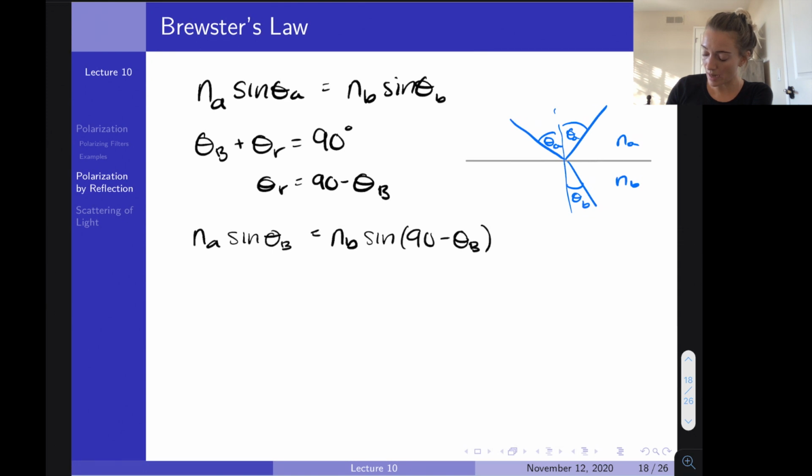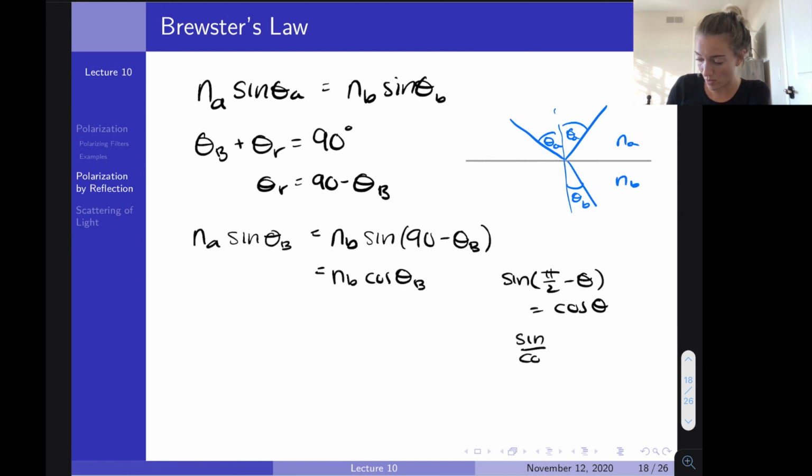So now I can think back to my trig identities and remember that sine of pi over 2 minus theta is equal to cosine theta. So I can now rewrite this sine as a cosine. So I can just rewrite this as cosine of my Brewster angle. And now I can also remember that sine over cosine is tangent.